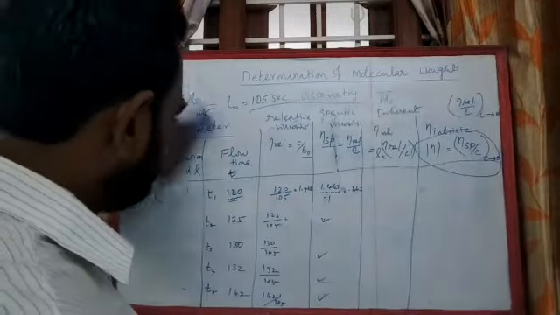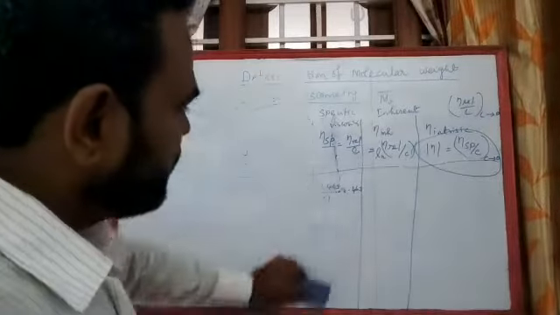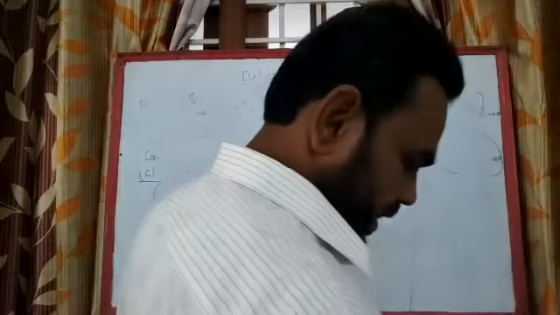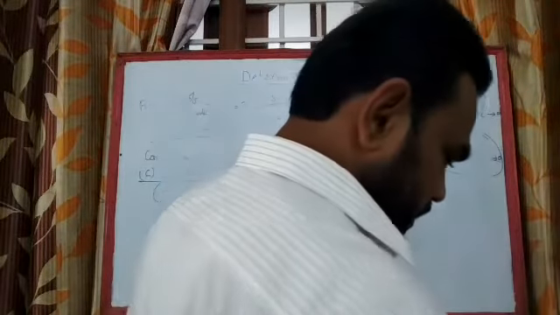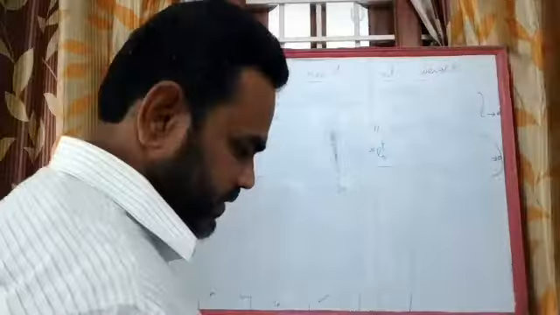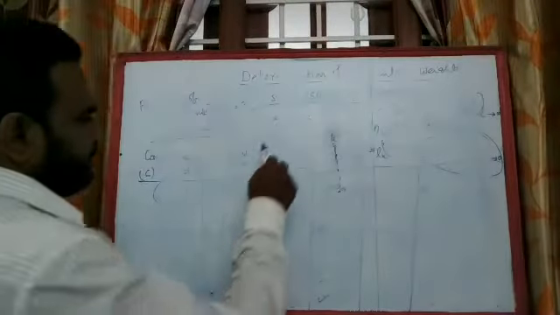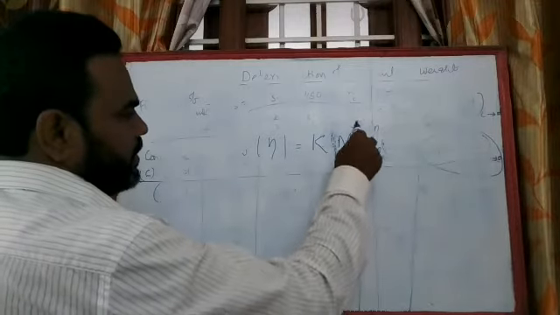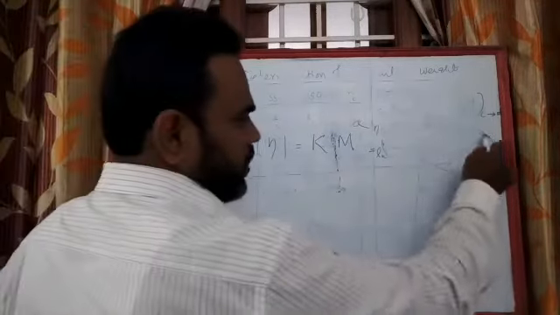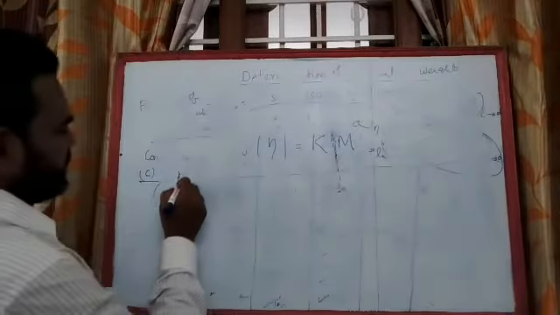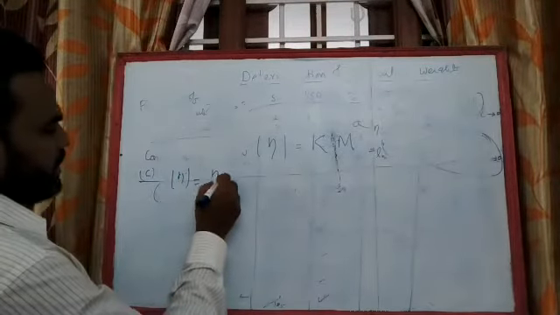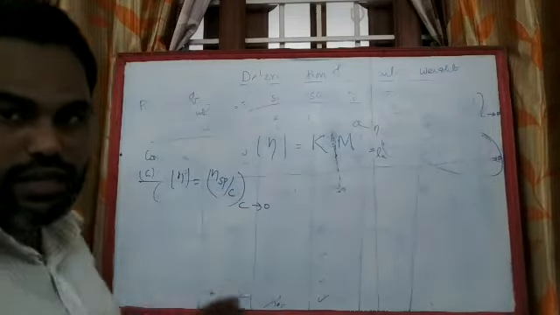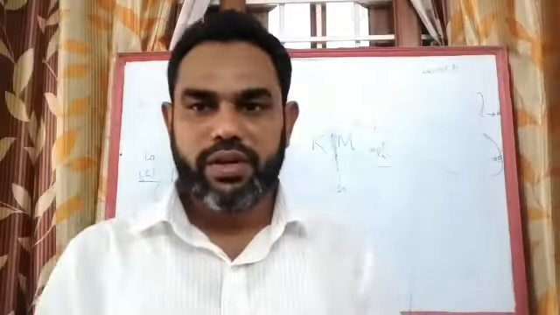The next step is finding the molecular weight from the eta intrinsic viscosity. See this, eta is equal to K m power A. I have told you this eta intrinsic viscosity is equal to eta specific by C when C tends to become 0, that is, at 0 concentration of polymer solution.